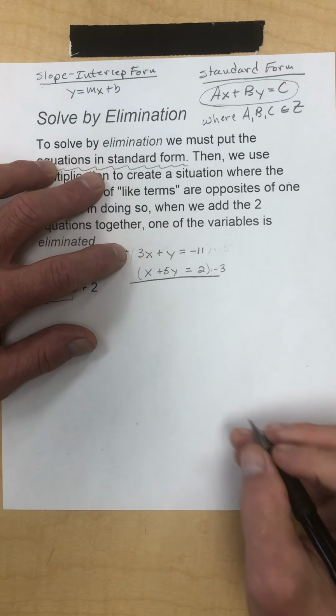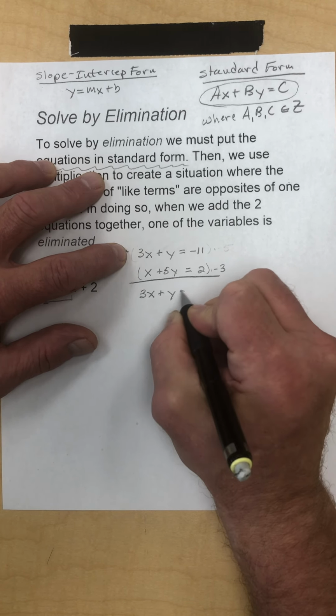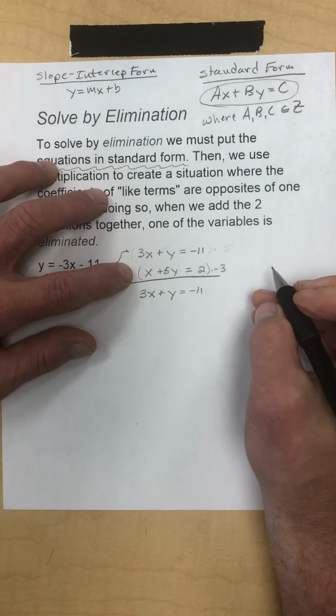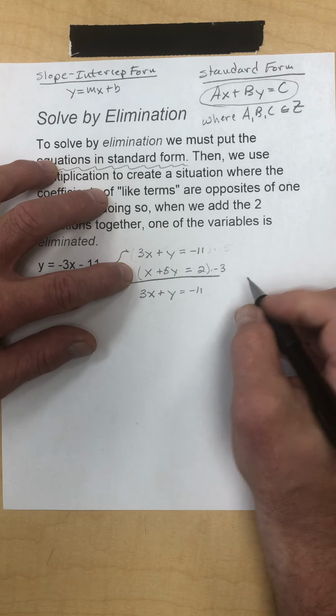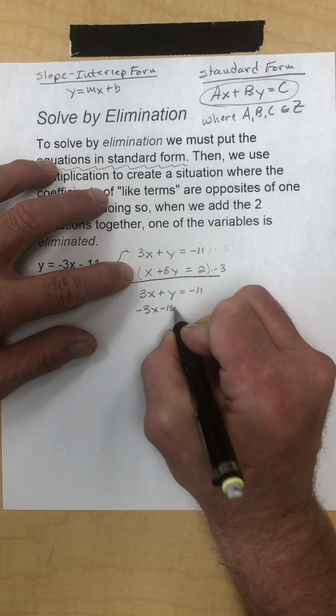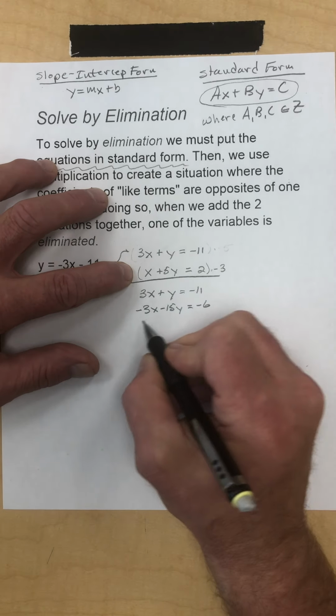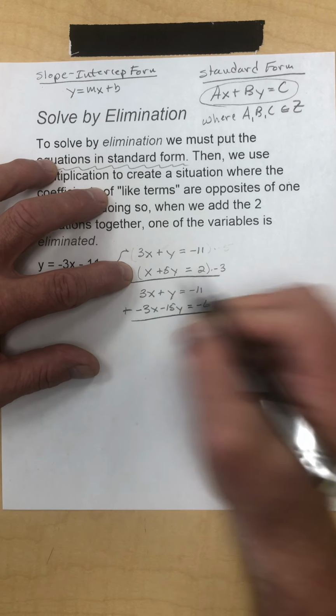So I'm not going to do anything to the first one. Leave it alone: 3x plus y equals negative 11. And then multiply everything in the second one by negative 3. That'll give me a negative 3x, a negative 15y, and a negative 6. And then I add straight down.